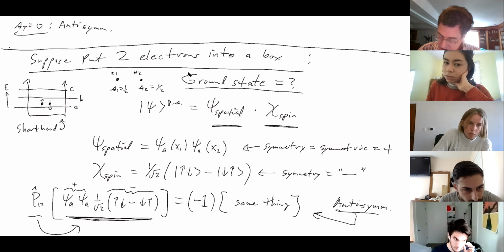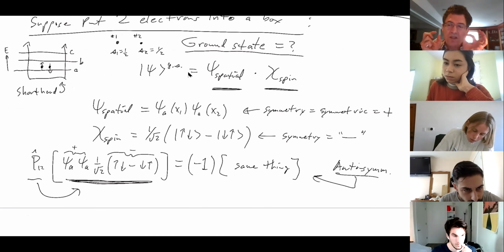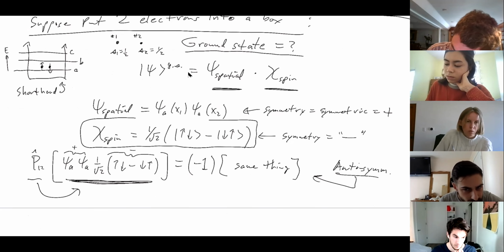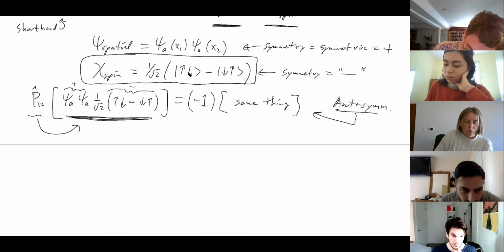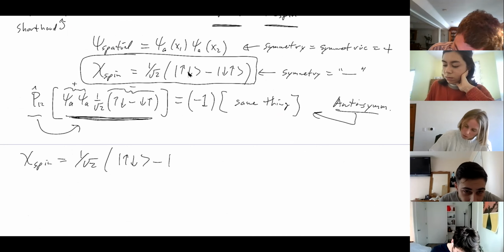The shorthand is not fully correct, because the correct answer is that the spin part of the many-body wave function is in a singlet state, which is really this funny thing. The singlet state is this. And this is actually very special.